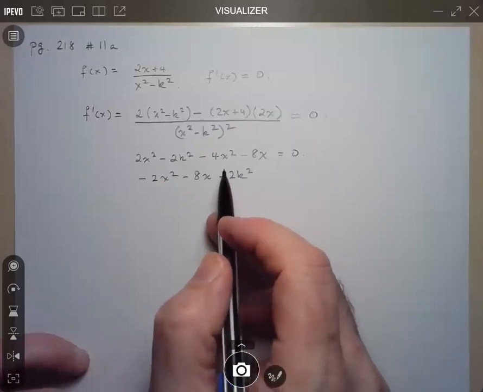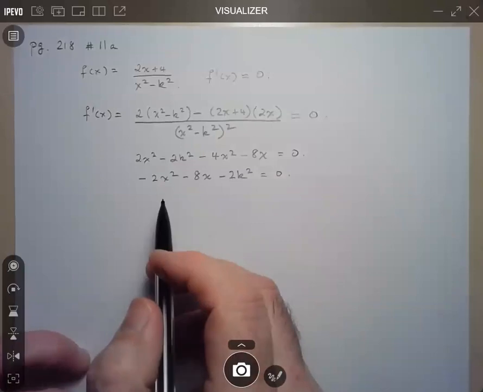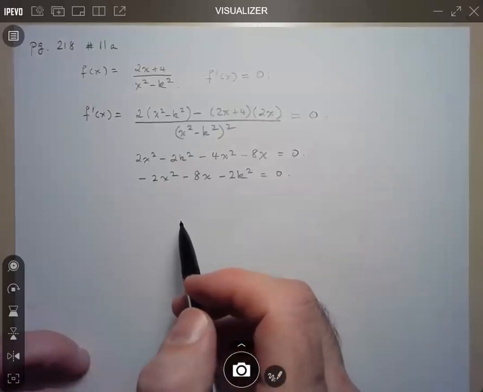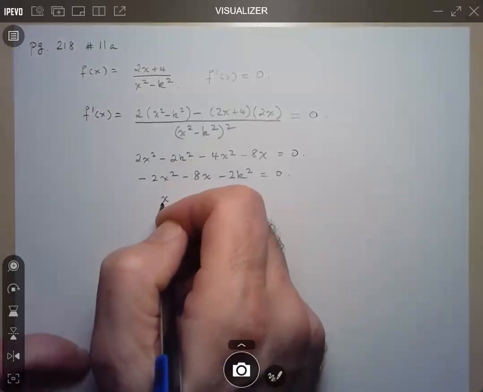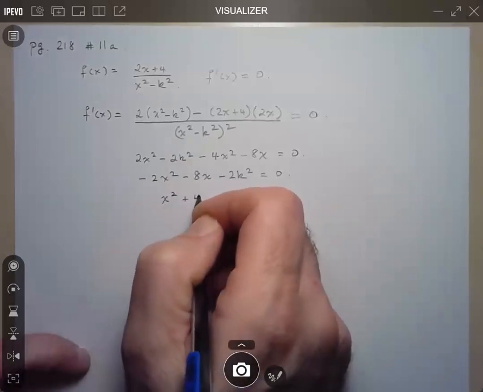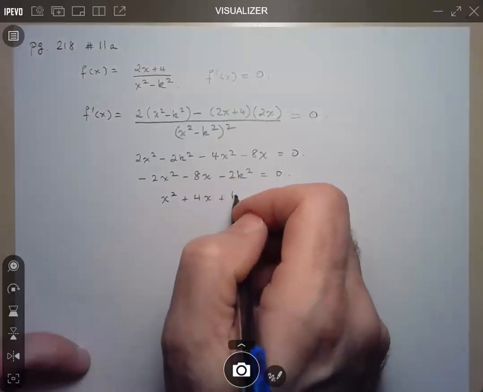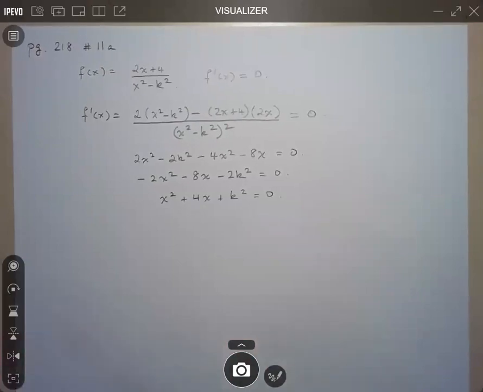So this is like my C value, if you think of it that way. To make our lives a little easier, let's divide both sides by -2. If I divide this whole thing by -2, I end up with x squared plus 4x plus k squared equals 0.